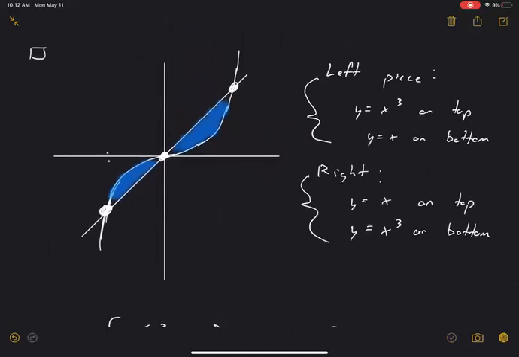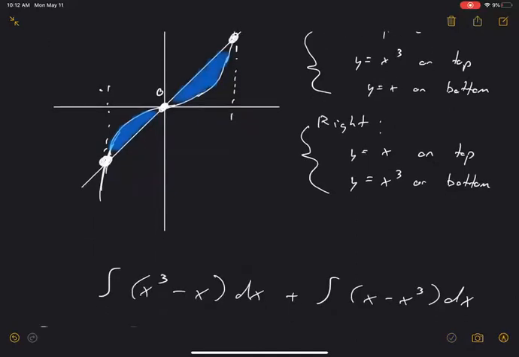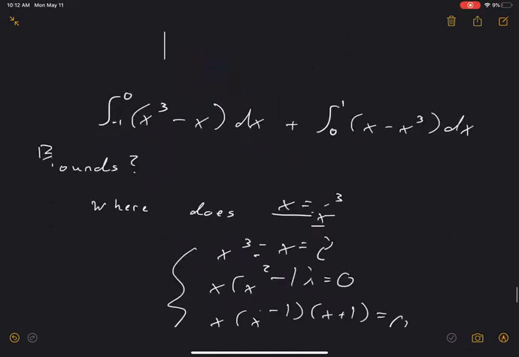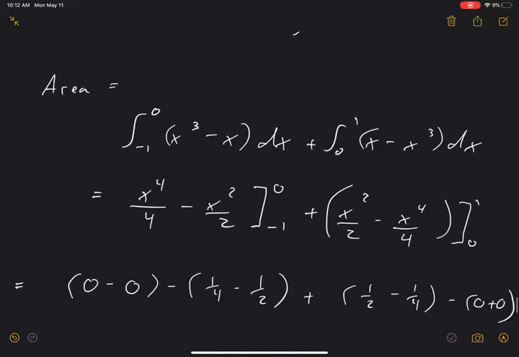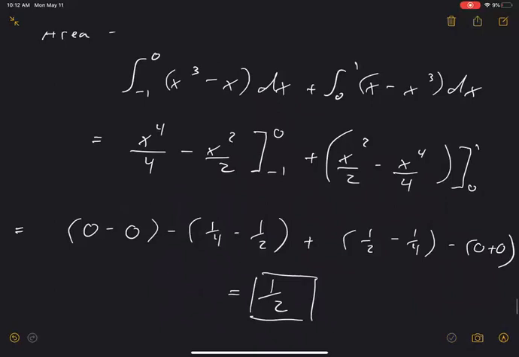This should be at the point -1, that should be at the point 0, and that should be at the point +1. So my left integral should be from -1 to 0, and my right integral should be from 0 to +1. And then the rest is just solving these integrals and plugging in values, and we should get the value 1/2.